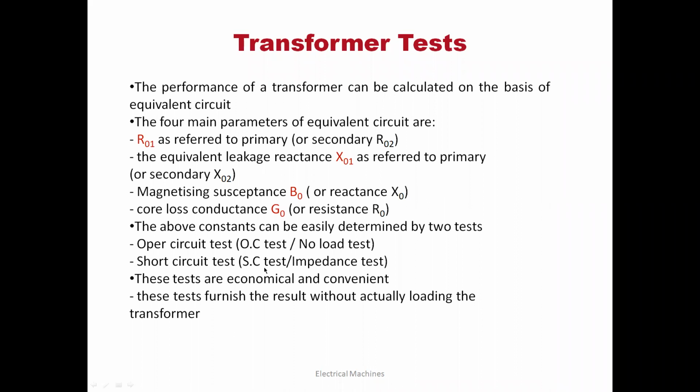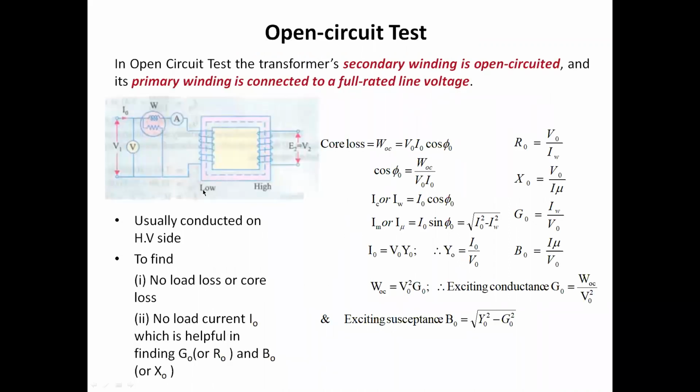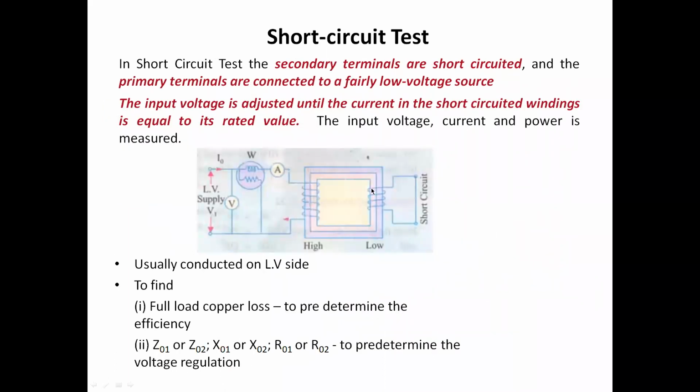From the short circuit test, we calculate the equivalent impedance, reactance and copper loss. This is your no load test, from which we get the no load power factor and the two components of no load current. This is the short circuit test. Here we calculate the copper loss and the equivalent parameters Z01, X01, R01, and voltage regulation we can calculate.